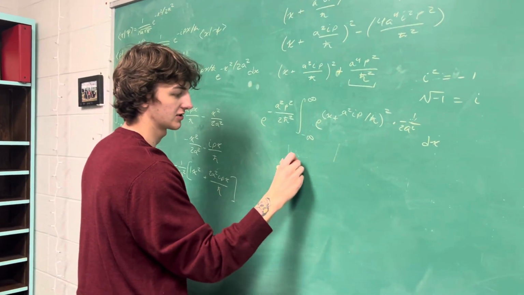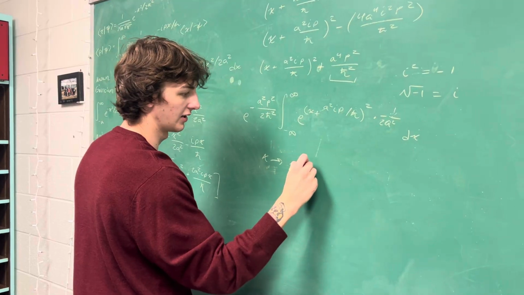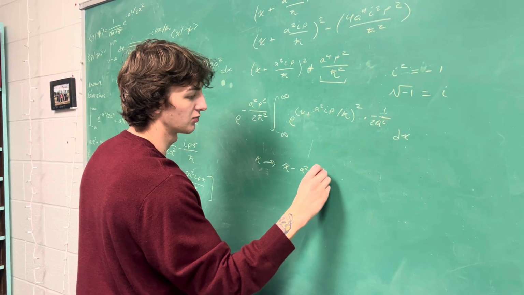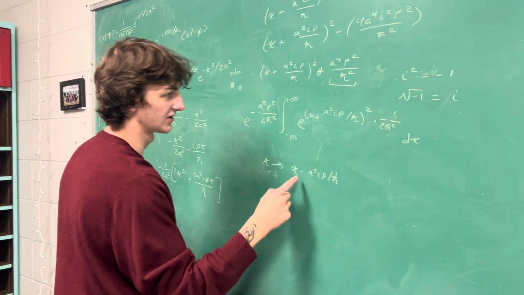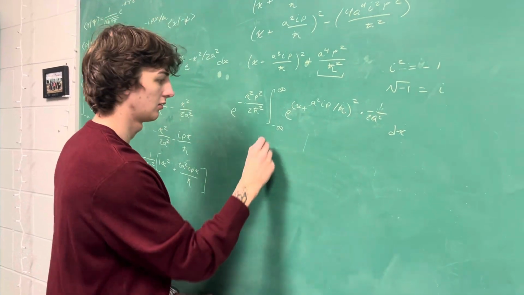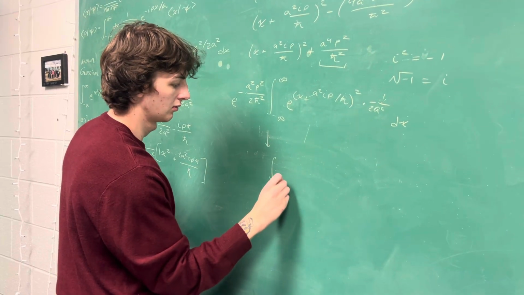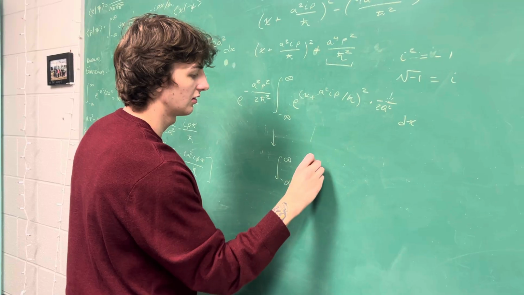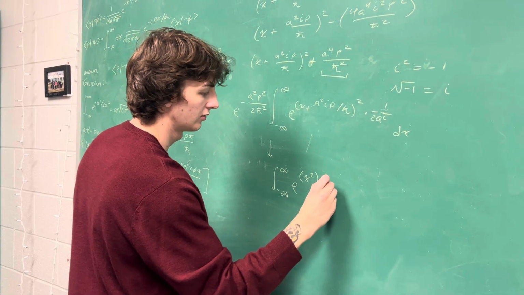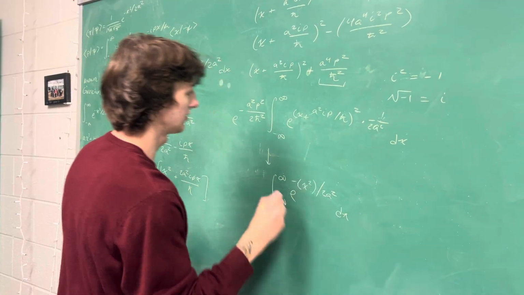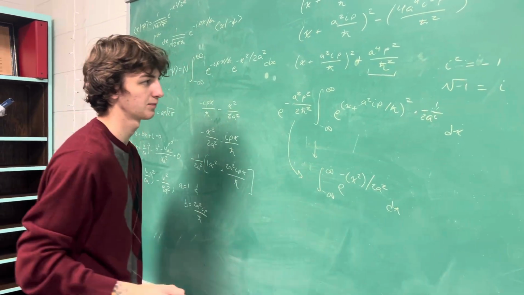So we're going to let x become x minus a squared ip over h bar. And what that's going to do is make our integral become e to the x squared over 2a squared, and that's negative dx, and then we'll just bring this constant with us.